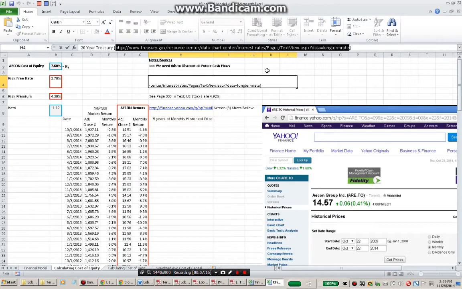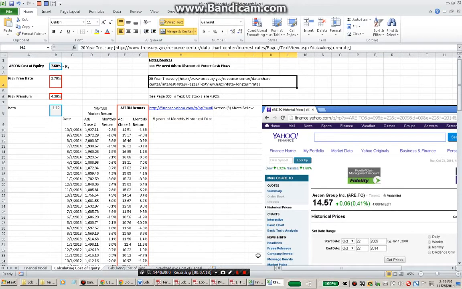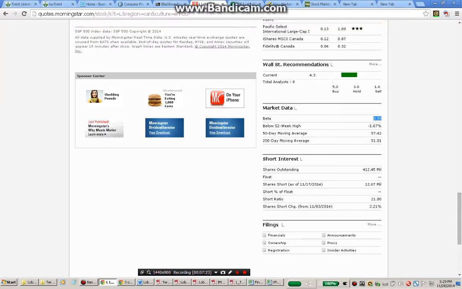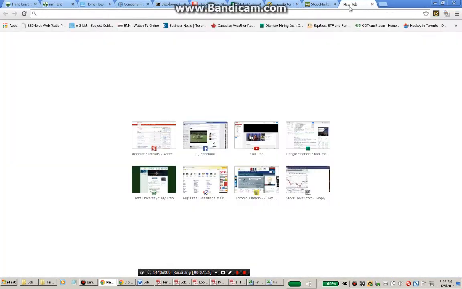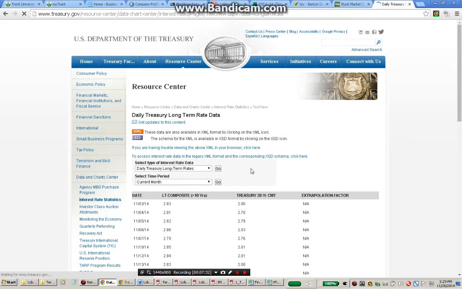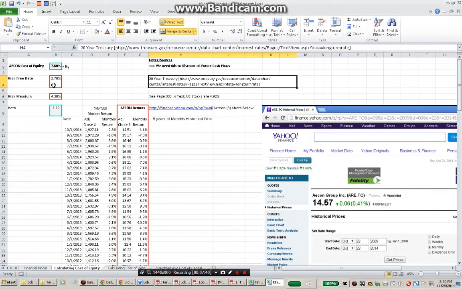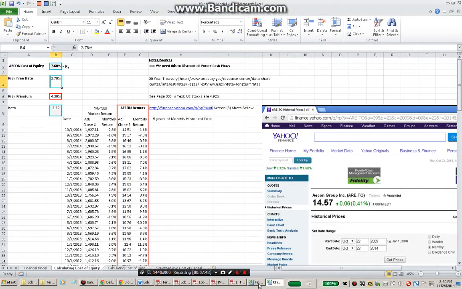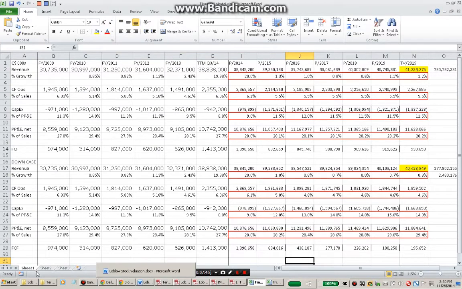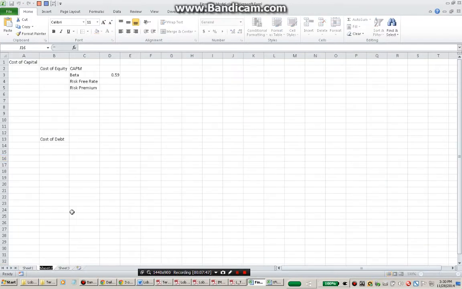I could find the Canadian equivalent, but it won't be that far off. Okay, we're looking for 20 years, long-term hold, 2.62%. Changed a little bit, I guess. Went down actually. 2.62%. So I'm going to rename this cost of capital.